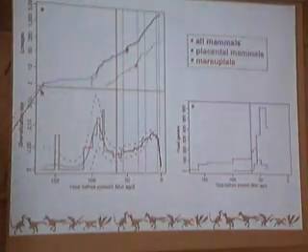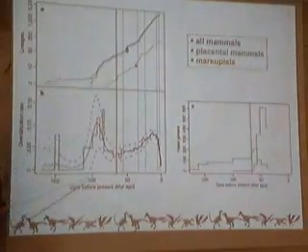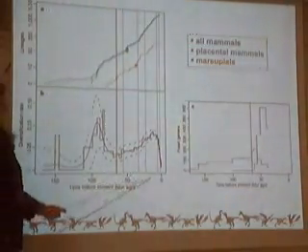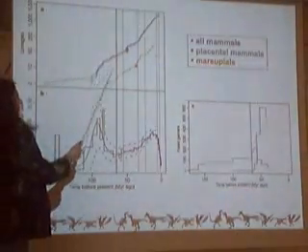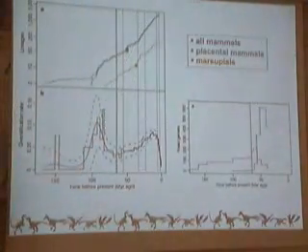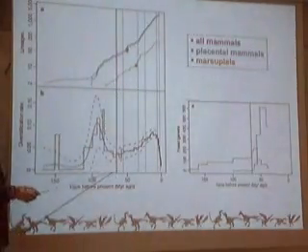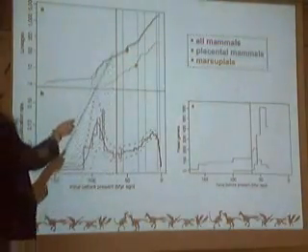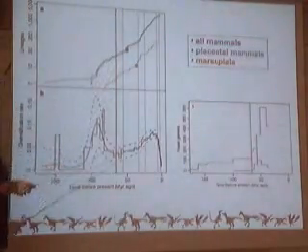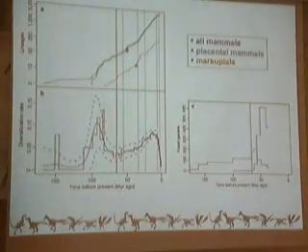When you start out, you have very few lineages, of course, and then as time comes closer and closer to present, the number of lineages that you can count become more and more. And the red line here is the KT boundary in this case, the boundary between Cretaceous and Tertiary 65 million years ago.